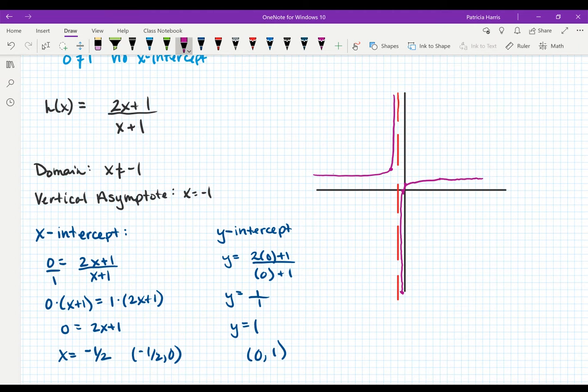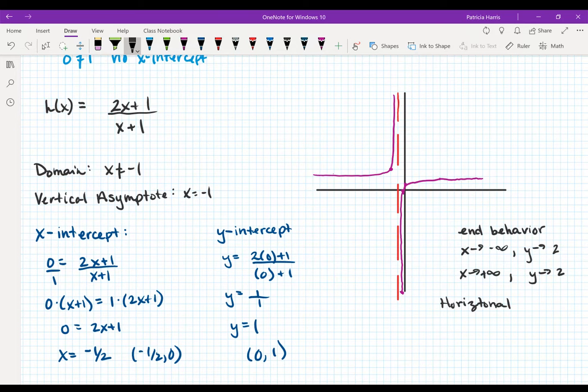So it looks like for my end behavior, what happens is x approaches negative infinity, y approaches 2. As x approaches positive infinity, y approaches 2. So that would imply I have a horizontal asymptote at y equals 2.